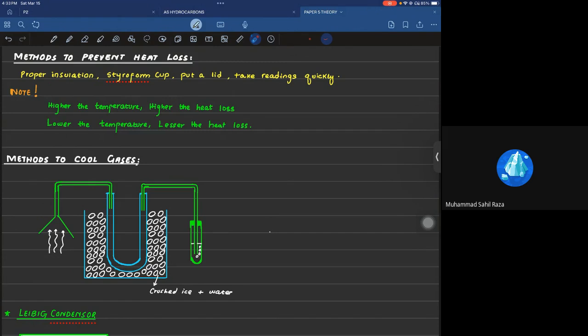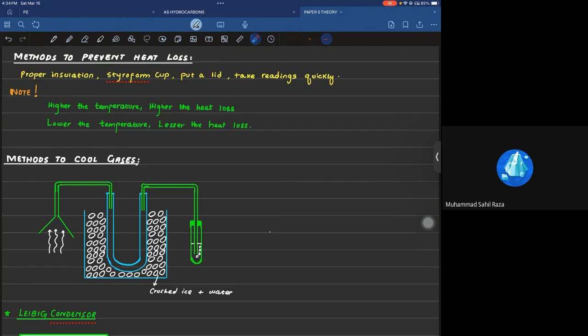But how can I condense the vapor, whether it is water vapor or any other gas? Of course, gases have greater kinetic energy. They move randomly and faster. After decreasing the temperature, you can decrease the kinetic energy of the gas molecules and atoms.